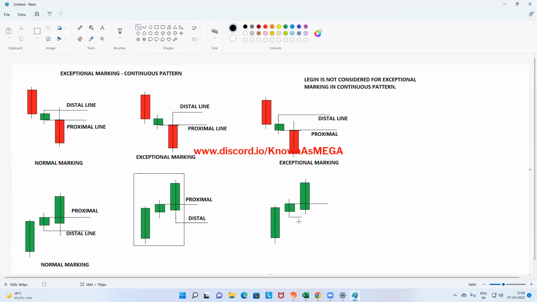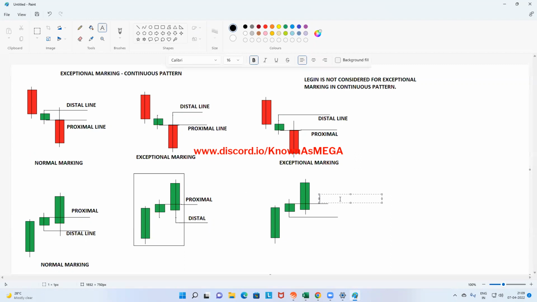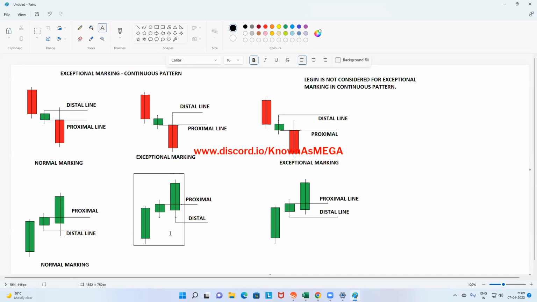Until then, let's keep putting efforts from both sides. Clear? Exceptional marking, proximal, the concept is clear why exceptional marking is important, and supply zone.